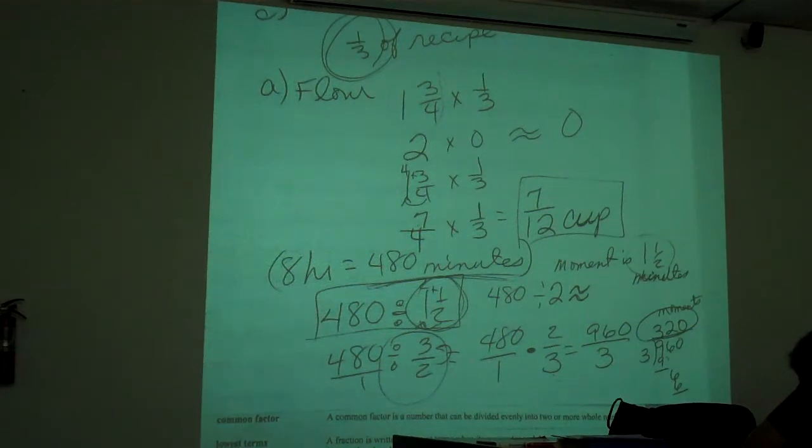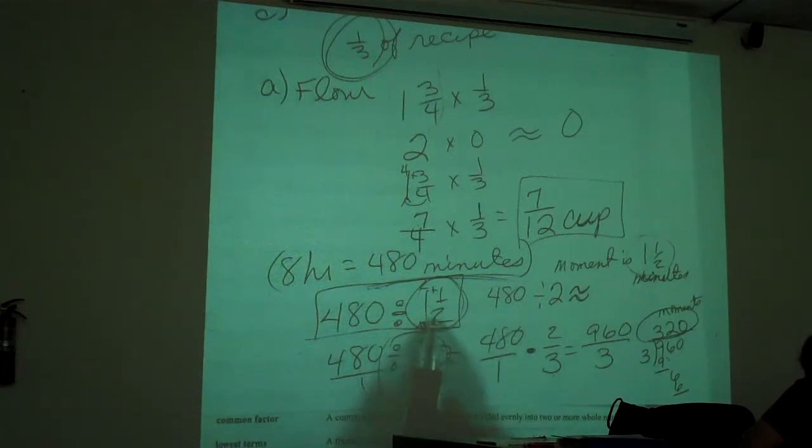Well, if you divide by a bigger number, it's going to be smaller. If you have 24 and you divide it by a bigger number, like if you have 24 divided by 2, you're going to get 12. What if you divide it by 3? 24 divided by 3. So anytime you divide by a bigger number, it gets smaller and smaller.